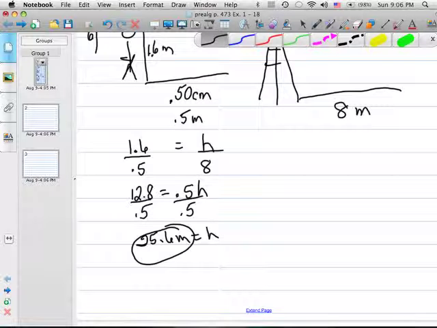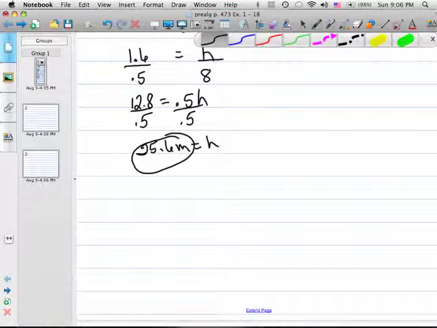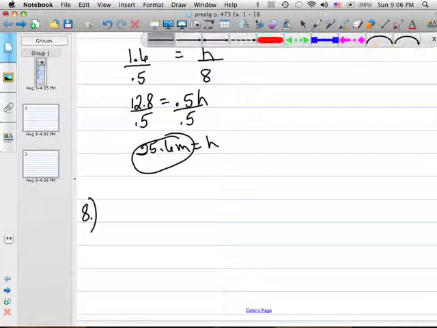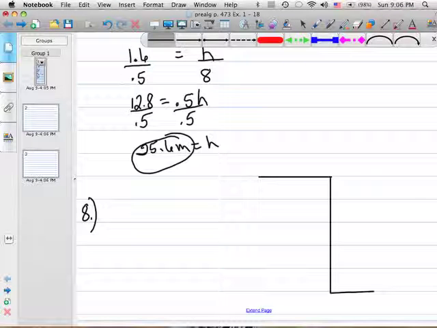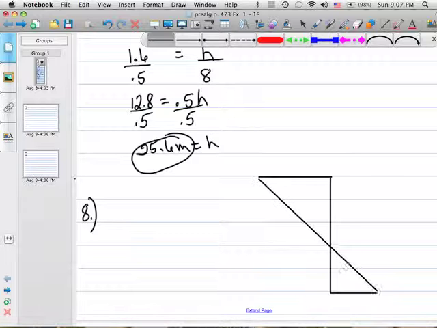Okay, with that in mind, number 8, which two angles are equal in measure as a result of the fact that line segment DE is parallel to AB? Well, this is what we have here. We have the length across the lake. We've dropped a perpendicular down here. And we have this length, and this.